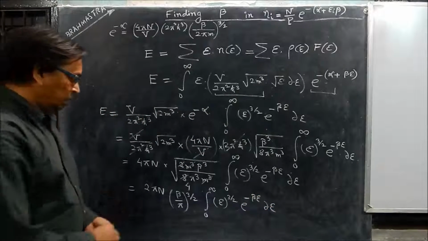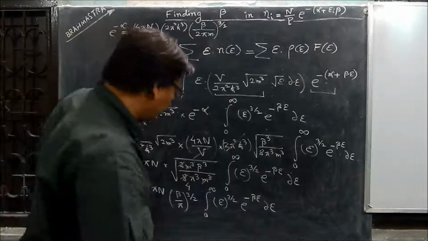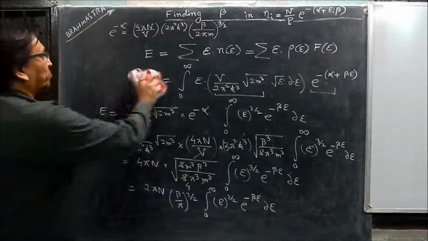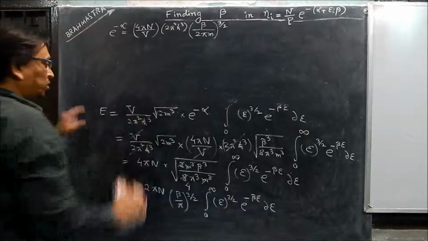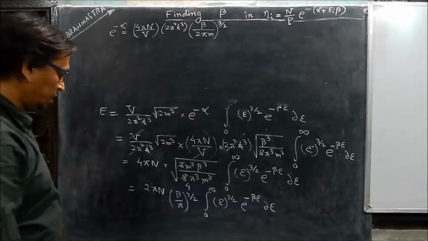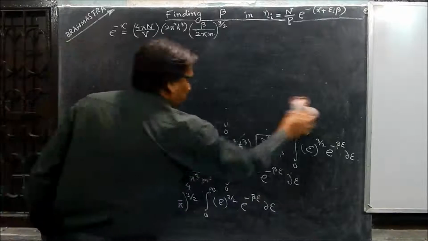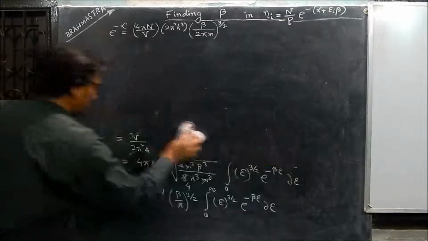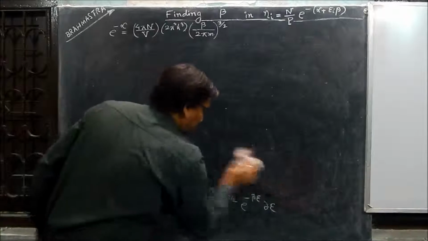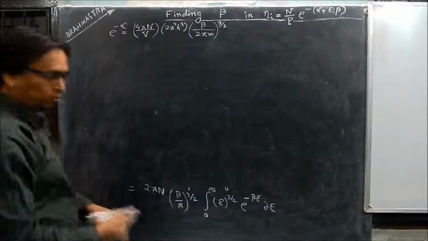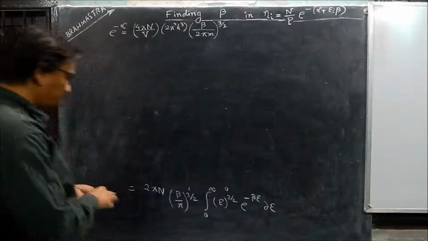So this is our expression. Now I am writing this over it, so that we are finding the total energy of n number of particles. We have come to a big calculation, but the calculation actually becomes smaller when we put the value of e to the power minus alpha.